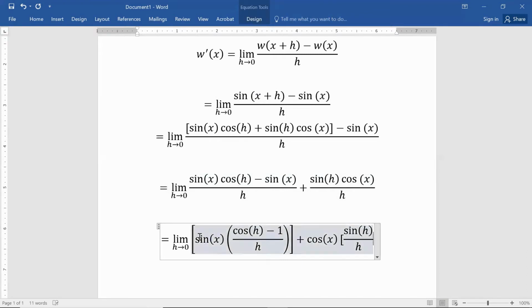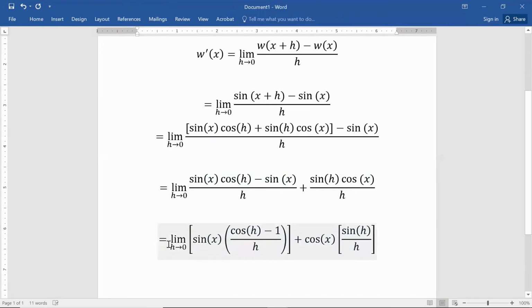Now, if you remember the technique of limits, take the limit as h goes to 0 of this. Because this is a constant, I can just pull that out front. And because this is a constant, I can just pull that out front as well.